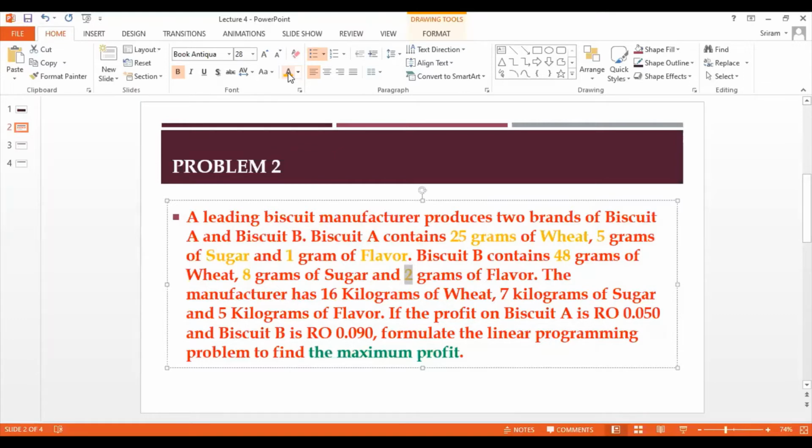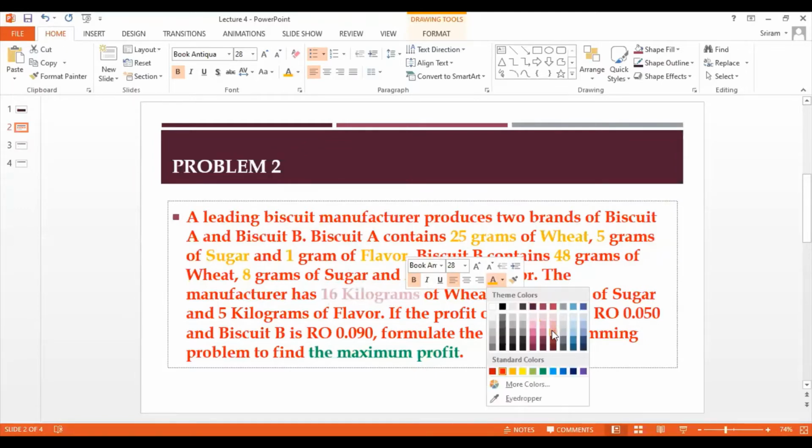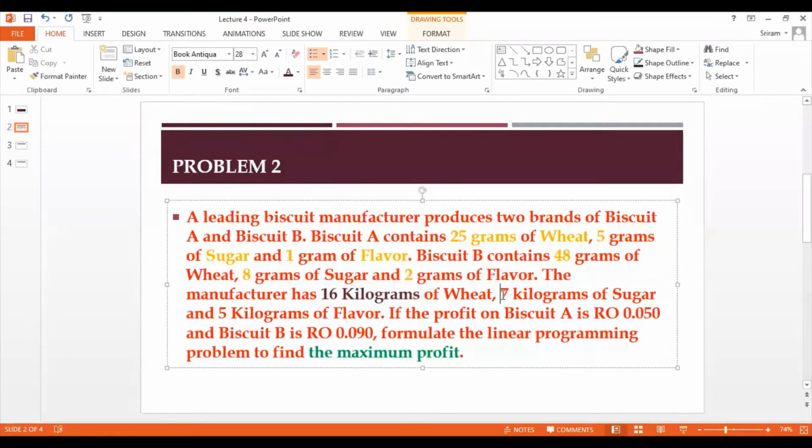Here they have defined the availability. The availabilities given are 16 kilograms of wheat, 7 kilograms of sugar, and 5 kilograms of flavor.